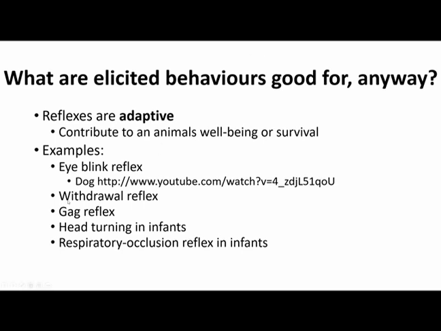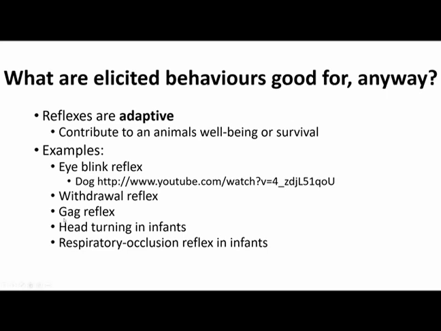We also have a withdrawal reflex, a gag reflex. We see head turning in infants and respiratory occlusion reflex in infants. Again, these are biologically useful. For the gag reflex, it helps prevent choking.